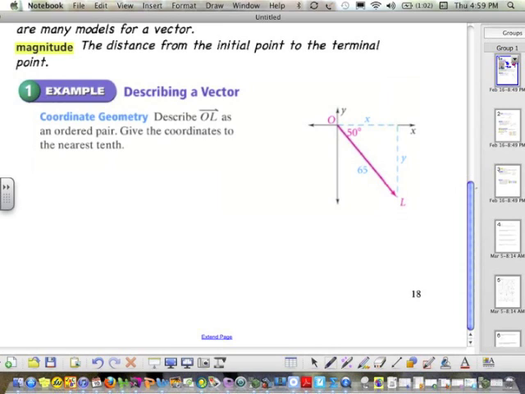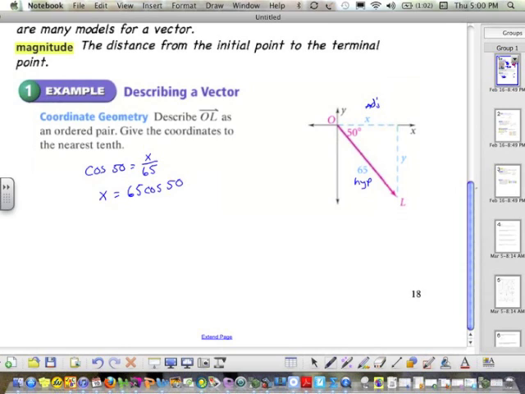So what I'm going to do is I'm going to find x first. So this would be the adjacent, and I know the hypotenuse. And you can see that cosine will find me that x coordinate. So I can do the cosine of the angle equals the adjacent over the hypotenuse, 65. So x is going to be, multiply the 65 to the other side, 65 times the cosine of 50.